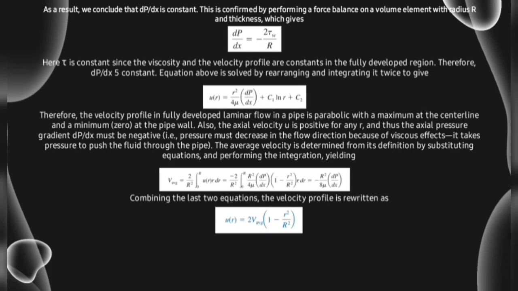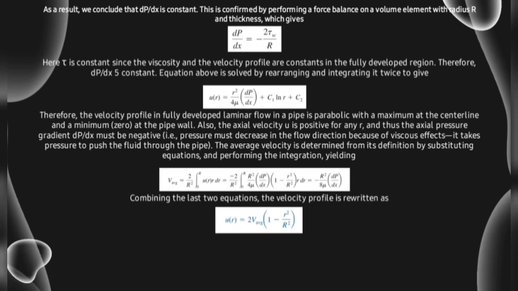Therefore, the velocity profile in fully developed laminar flow in a pipe is parabolic with a maximum at the center line and minimum at the pipe wall. Also, the axial velocity u is positive for any r, and thus the axial pressure gradient dP/dx must be negative. For example, pressure must decrease in the flow direction because of viscous effects. It takes pressure to push the fluid through the pipe.